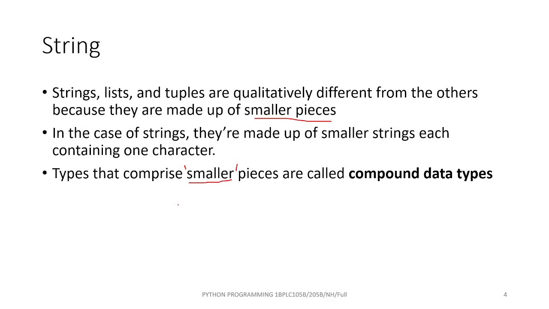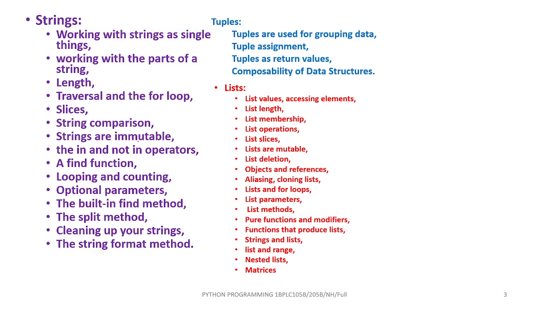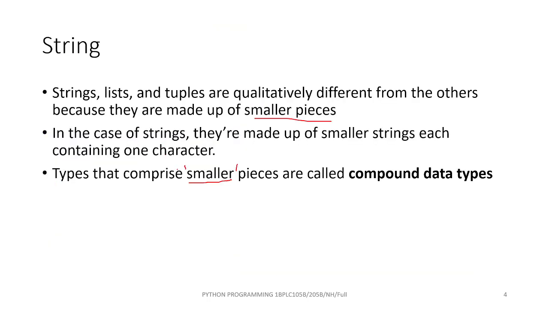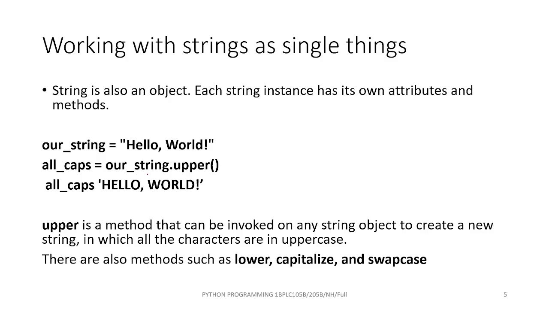In the previous slide, we saw list of numbers enclosed within square bracket or parenthesis. Multiple types of data, multiple data are put together. In case of string, it is characters. So they are made up of smaller strings, characters. That is why it is combination, compound, more than one. That is why it comes under category called compound data types.